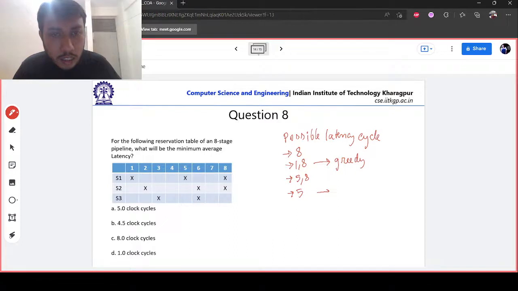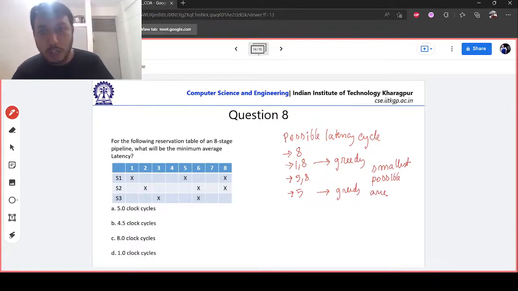Greedy, the smallest possible arcs. So now I need to find the MAL.